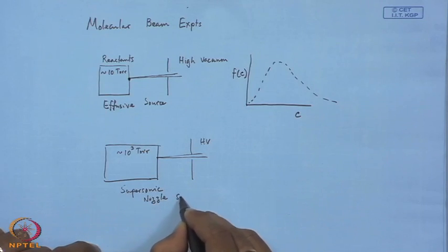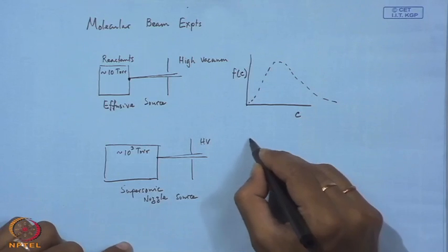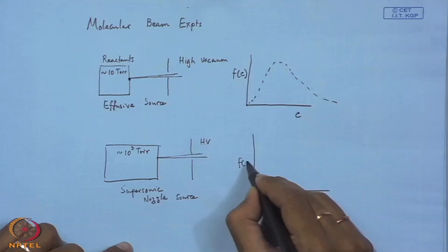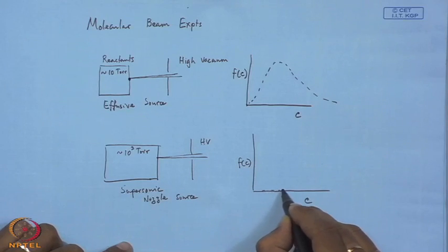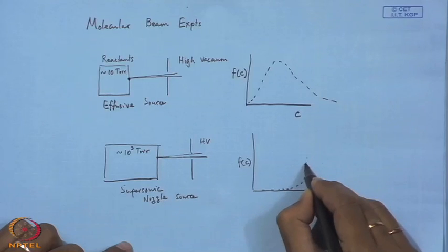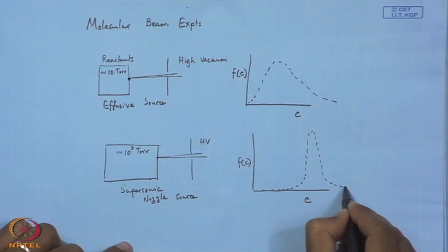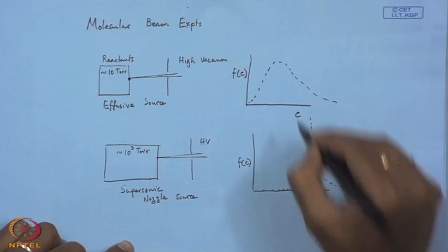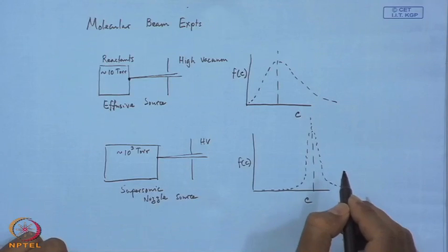Nozzle source. And your distribution F c versus C will be more shifted in this region, and it will be narrower. Okay, it will be narrower, but you see this one and that one, it is more shifted to this direction.